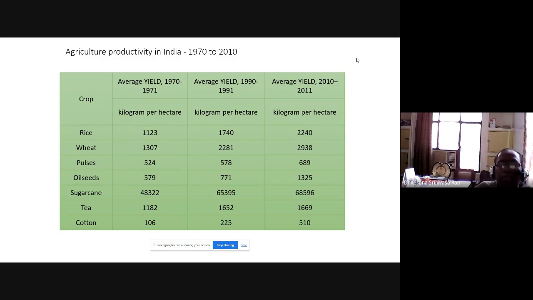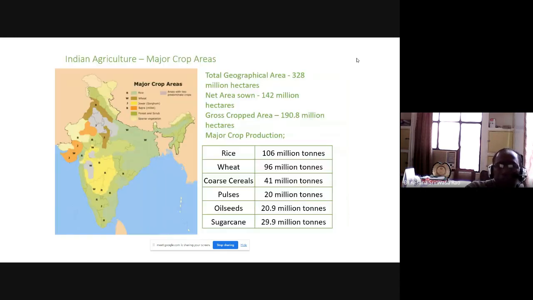Sugarcane is also not that much developed. Cotton has developed about four times, while tea has not grown much. These are brief figures on how the overall growth has taken place over the last 60 to 70 years of our independence in Indian agriculture.